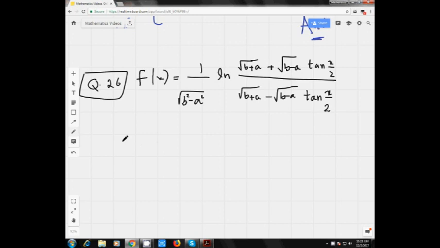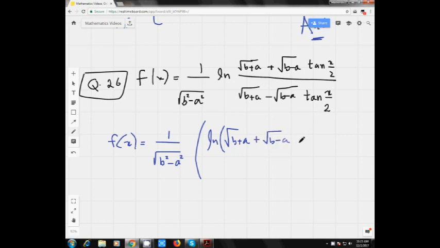Before differentiating, you can simplify it by making use of rules of logarithm. So by applying the rules of logarithm, you get ln of square root b plus a plus square root b minus a tan x by 2. Division is replaced with negative and natural log is distributed.